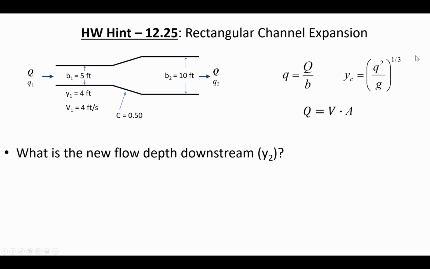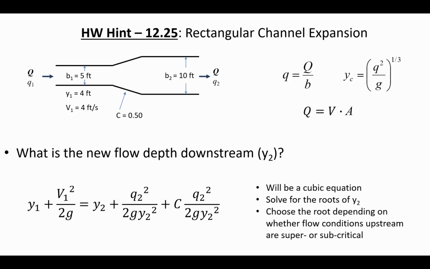Okay, you'll notice I also gave you the formula here for the critical depth based on the flow per unit width. That's good to have, and you can use it to assess whether the flow conditions are supercritical or subcritical. You could also use the Froude number, of course, at 1. They want you to know the new downstream flow depth, and the way that you can do that is with this formula. This is just the specific energy formula.